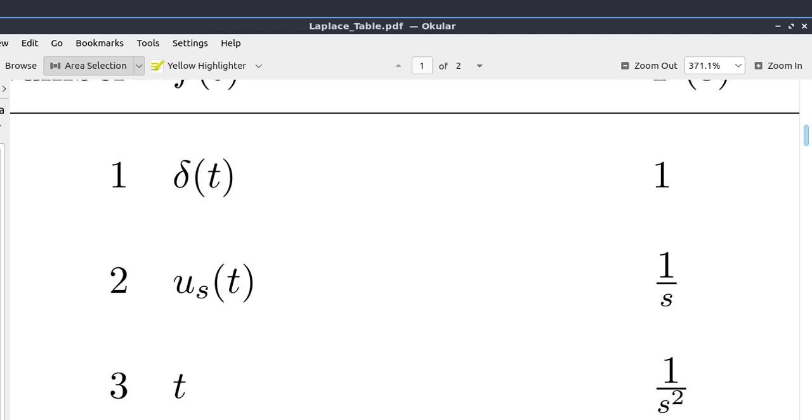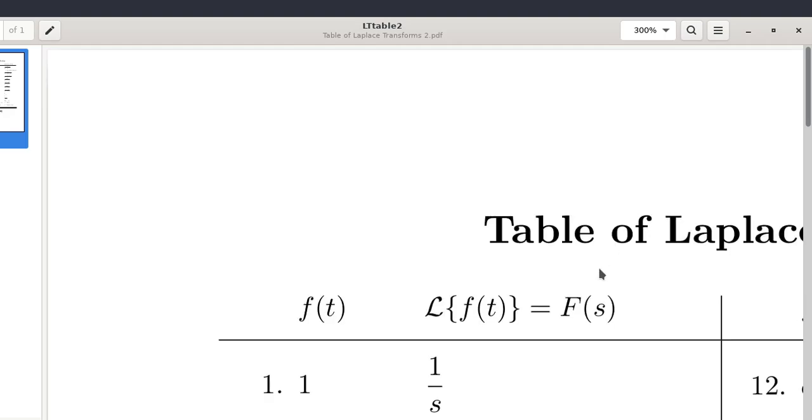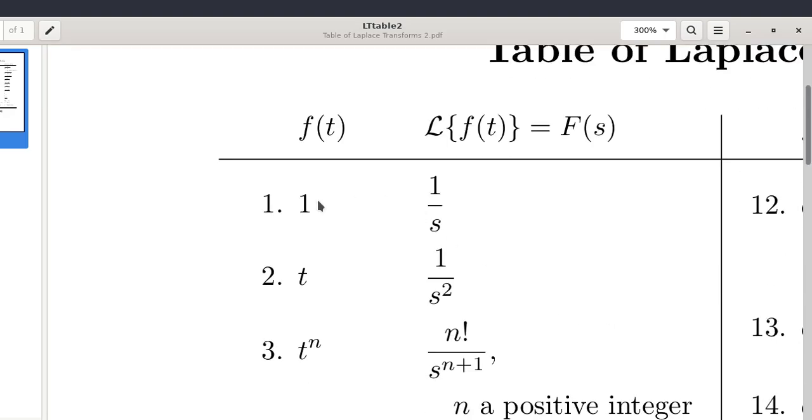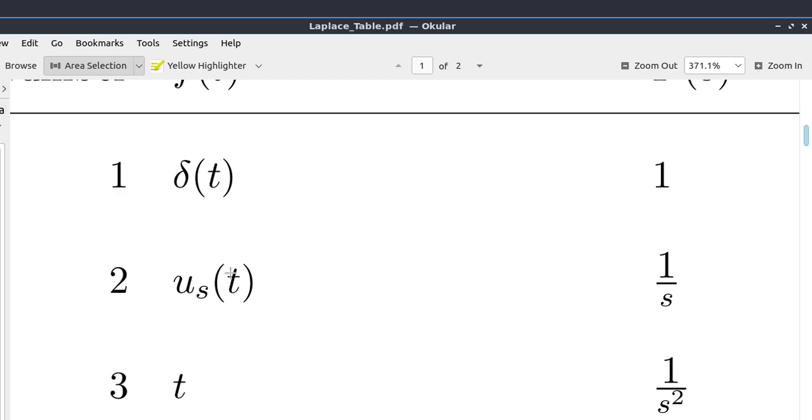But let's look at another table. If we look at this table here, they give 1. The Laplace transform of 1 is 1 over s. This makes it clearer, because here they say u of t is 1 over s, but it's really 1, right?